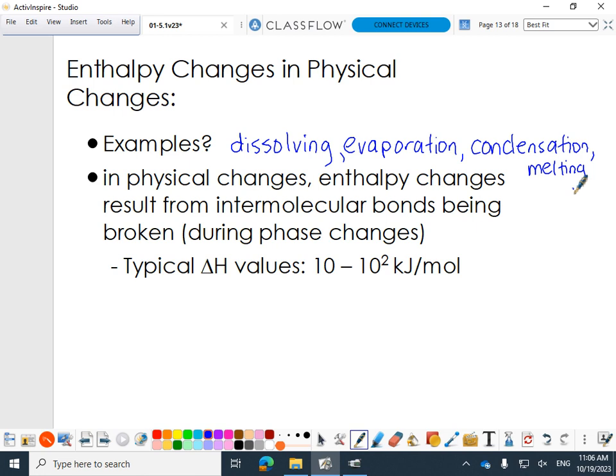But because you're breaking the intermolecular bonds, the delta H values are small. And so when you have an enthalpy change, the units can be considered for how much energy you would get per mole. So we'll do that tomorrow as well.